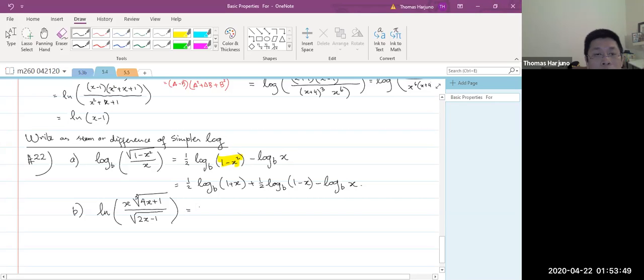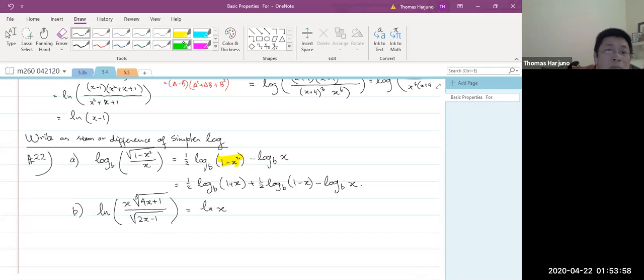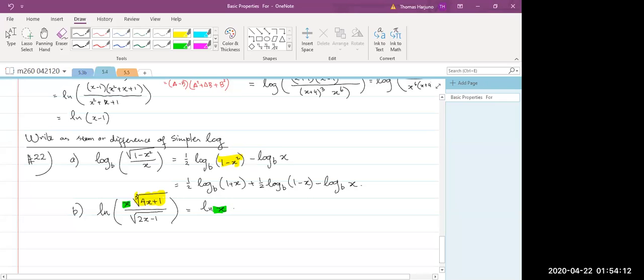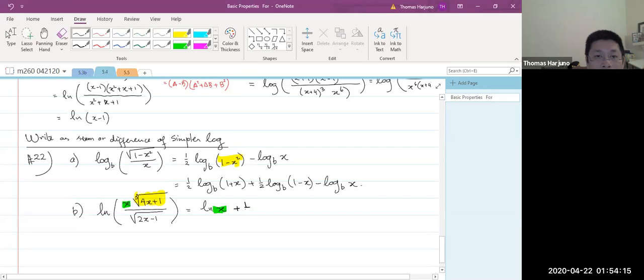This is equal to natural log of x. I hope you can see that. And then, how about for this? Plus 1/3 of natural log of 4x plus 1.